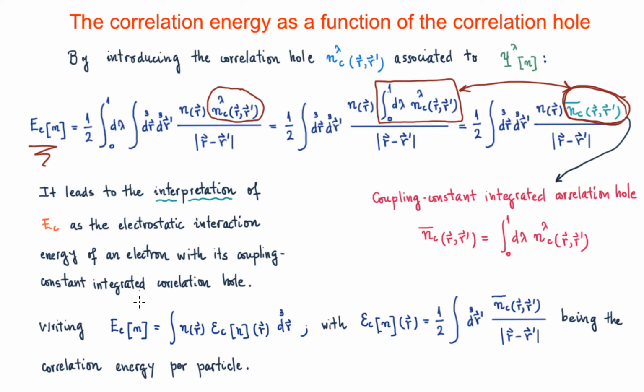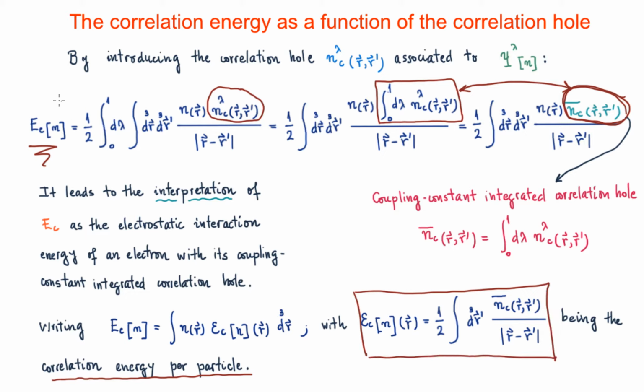In the same way as we did for the exchange energy functional, we could also write the correlation energy functional as the density times some function, integrated over r. That function is the correlation energy per particle, and considering that expression, it is basically this one.